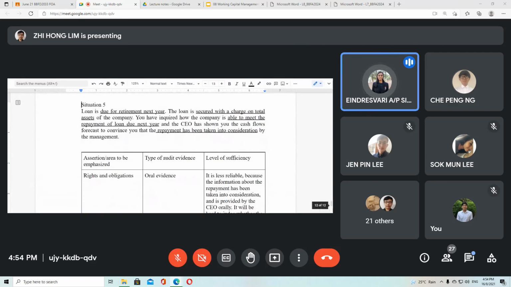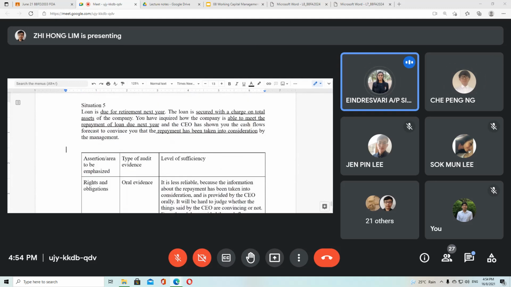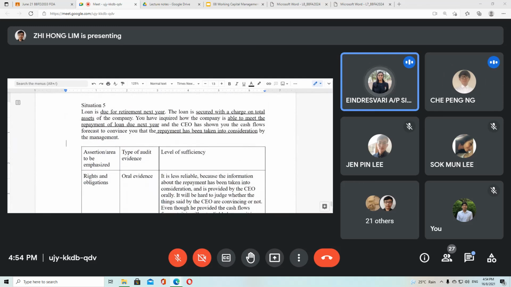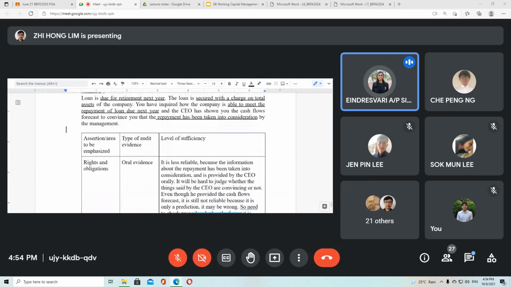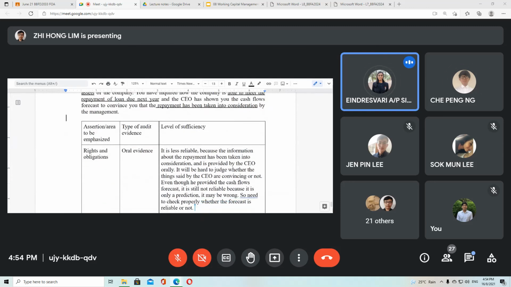Okay, the last one is related to, you see, the question mentioned whether the company has ability to meet the repayment of the loan. So you should focus on whether the company has money or not to make payment. If they don't have money, then you will need to disclose in the auditor's report that the company is having financial difficulties to settle their loan.